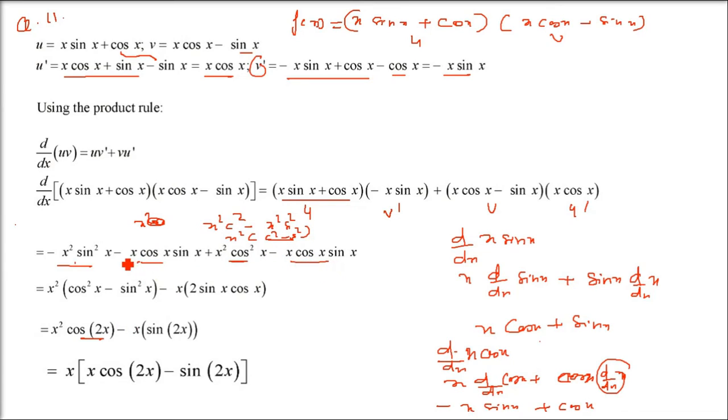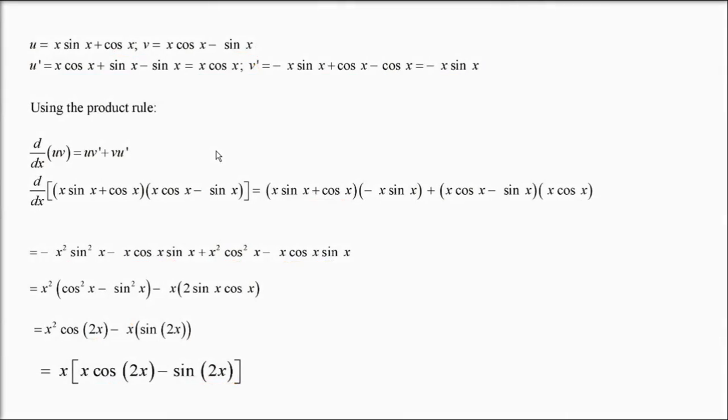Now come to the other terms: minus x cos x sin x and minus x cos x sin x. Together it is basically minus 2x sin x cos x. 2 sin x cos x is sin 2x. Now you can take x common from here, so x cos 2x minus sin 2x will come.